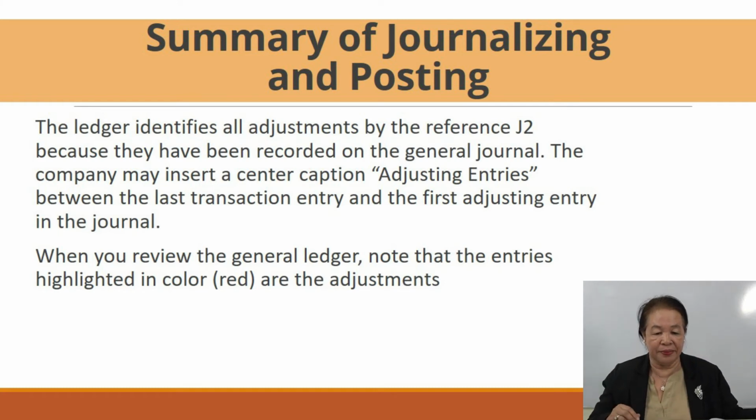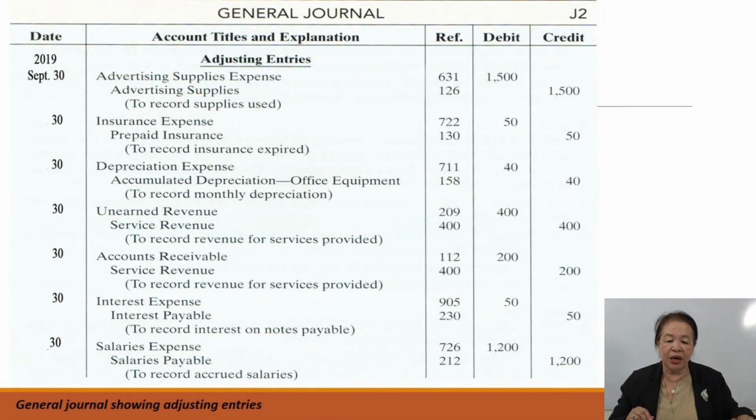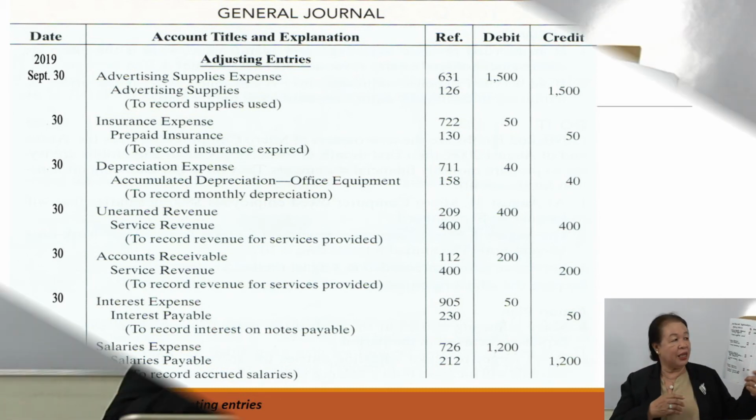Kikita nyo yan mamaya. So, our adjusting entries for the general journal as of September 30, 2019, no? So, yun yung nasa PowerPoint natin na nilipat ko dito sa libro para makikita nyo kung anong hitsura niya pagdating sa libro, no?